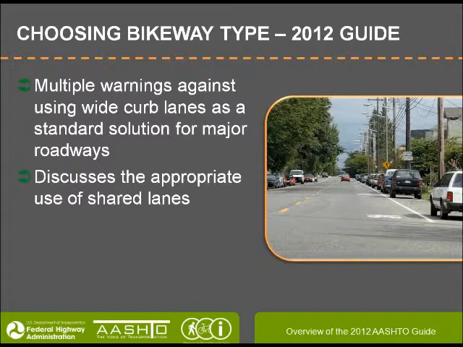And a wide curb lane is a 14-foot wide lane as opposed to a 10 or 11 or 12-foot wide lane. It also discusses the appropriate use of shared lanes, and that lower speed and lower volume environments are better places to use those sort of shared lanes that don't have any special type of bikeway, don't have a bike lane or anything like that.